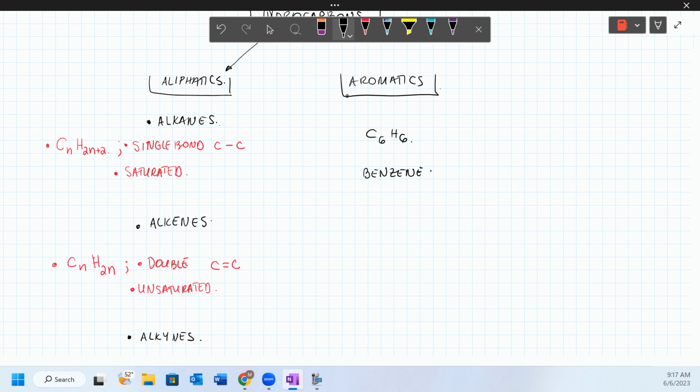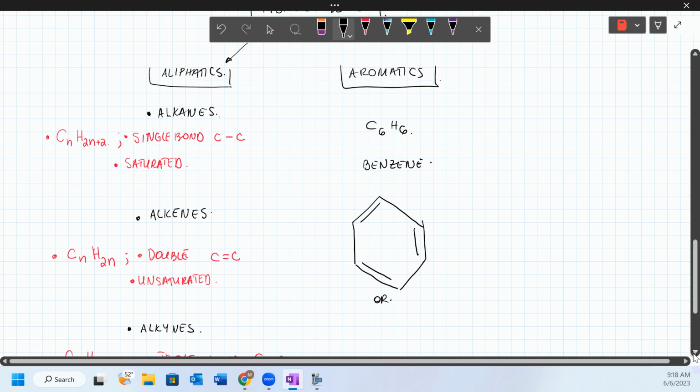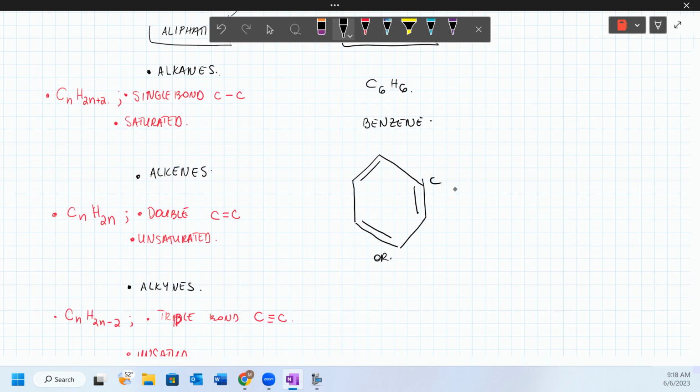The structure of a benzene is a hexagon that has a double bond on every other pair of carbons. Very often in this structure of the benzene, on each of them you have a carbon, carbon, carbon, carbon, carbon, and one hydrogen on each of them.